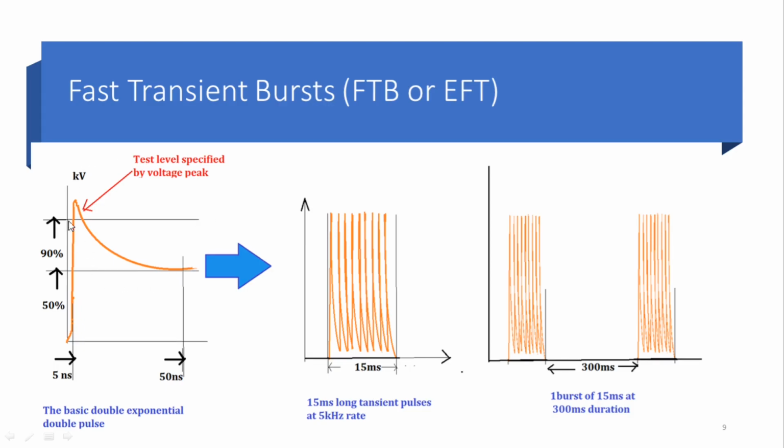So it is simulated using this kind of waveform. The figure on the left shows the standard waveform for the standard EN 61000-4-4 FTB test. It consists of a single unidirectional impulse repeated at a 5 kHz rate in bursts lasting 15 milliseconds with 3 bursts per second.